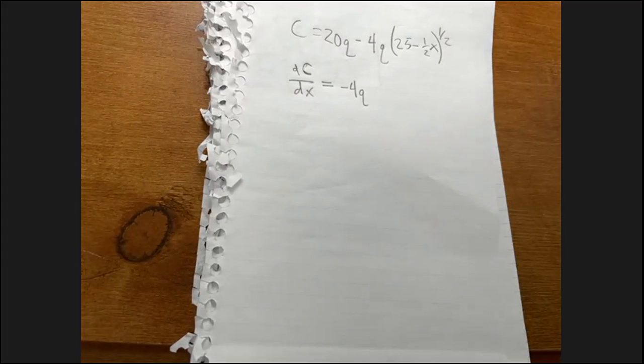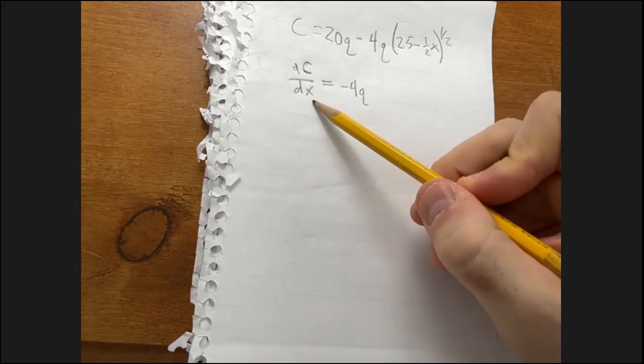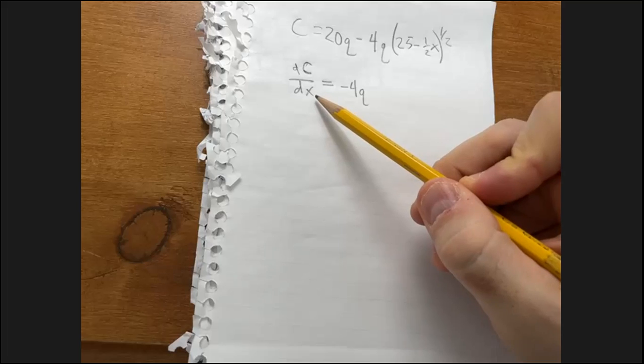So 20q is a constant. What's the derivative of a constant? It's 0. If it were dc dq, then there would be a 20 there. Don't you agree? So it really matters what you're taking the derivative with respect to.